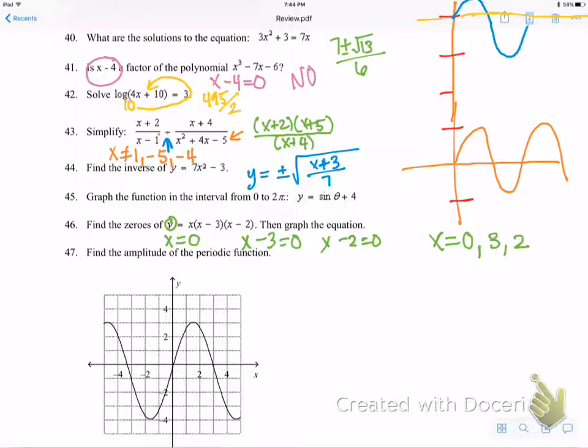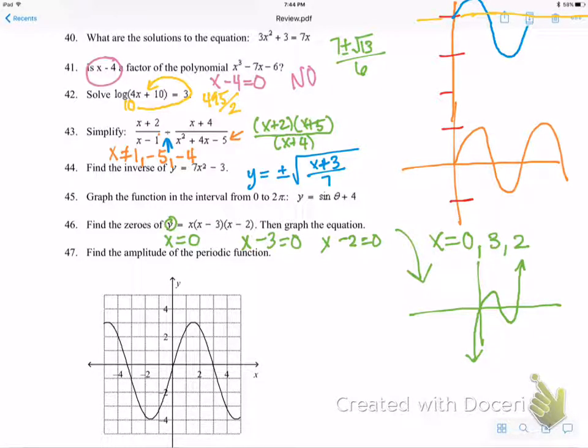To graph the equation, we can put it in our calculator and take a look at the picture. We're going to end up with something like this, where this value right here is 2, and this one is 3, and this one is 0. And of course, we'd have arrows on the ends, to be precise. That's number 46.